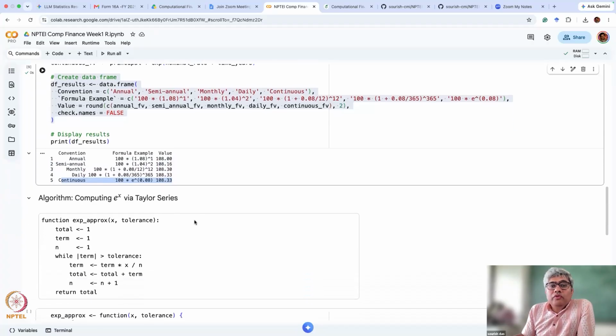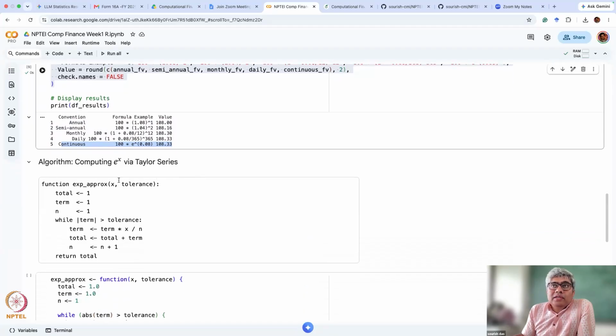Next, we will move on to algorithmic computation of e to the power x via Taylor series. If you remember, we discussed this pseudo code for approximating the exponential of x, e to the power x, with some tolerance level.